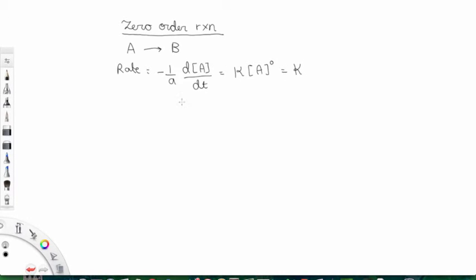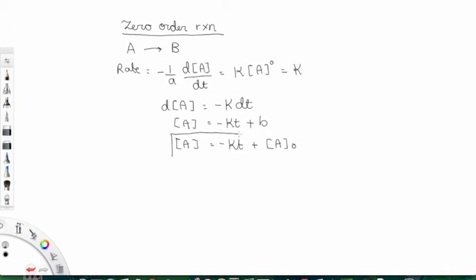From here, we can separate the variables again and write this out as dA equals negative k dt. So the concentration of A is negative kt plus b. At t equals 0, this can be written as A equals negative kt plus A0, which is the initial concentration.